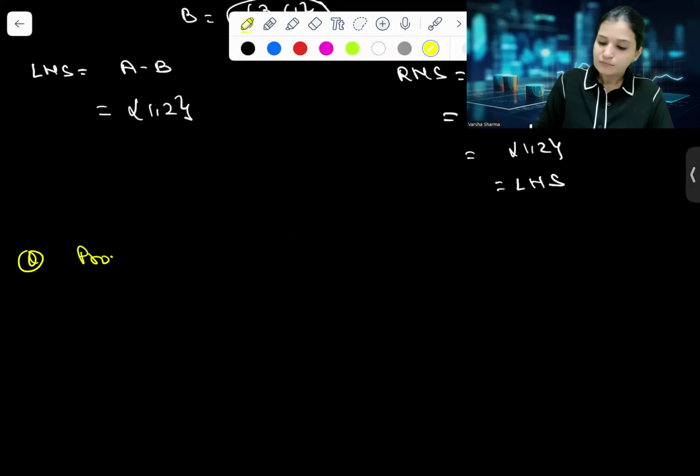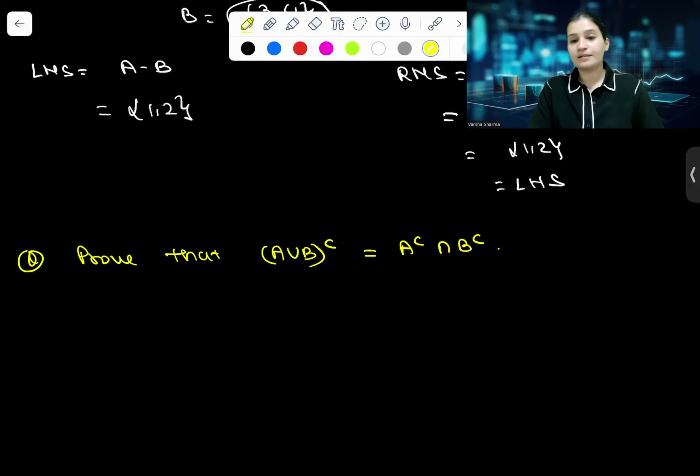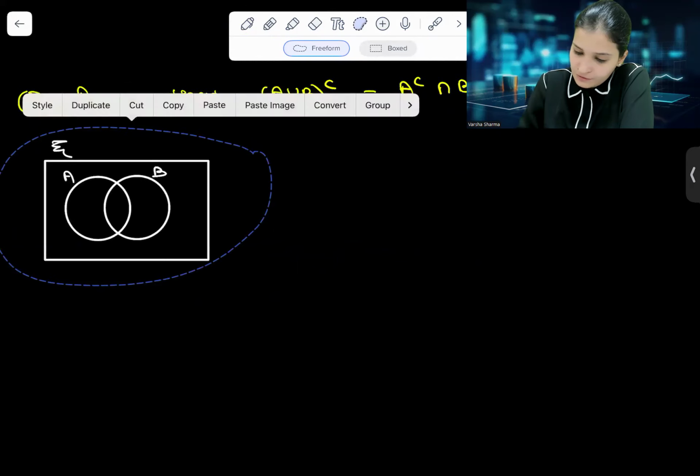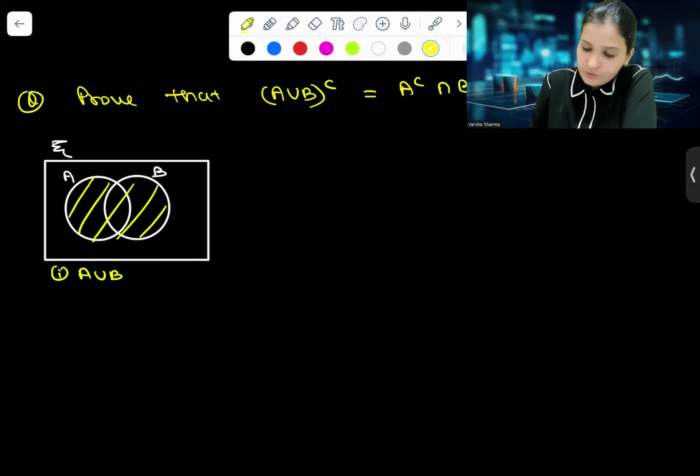Prove that A union B whole complement is the same as A complement intersection B complement. Okay, let's try. First table, A union B. A union B will be the entire two circles.